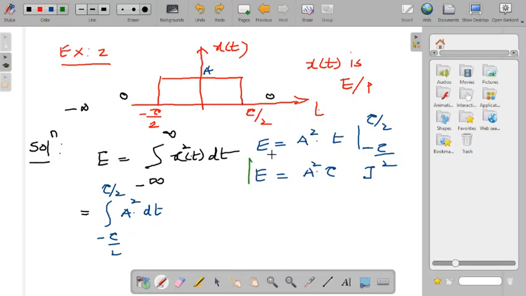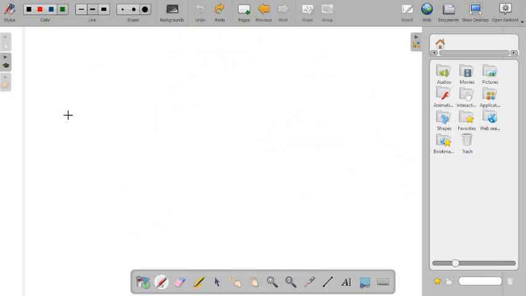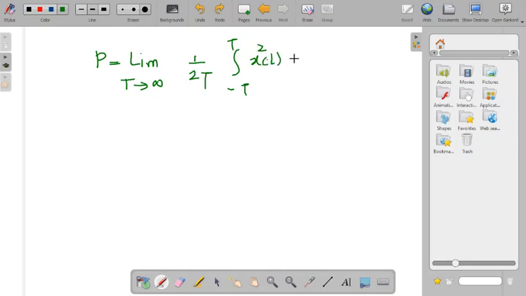Okay, so again in this case we have received the finite energy. Let us try to find out the power of this signal. So power is given by limit t tending to infinity 1 by 2t integral minus t to plus t x square t dt.